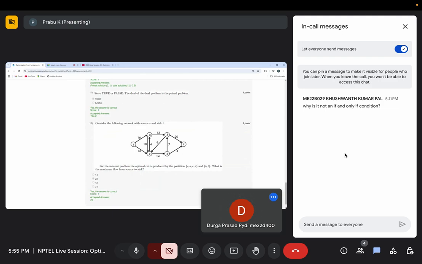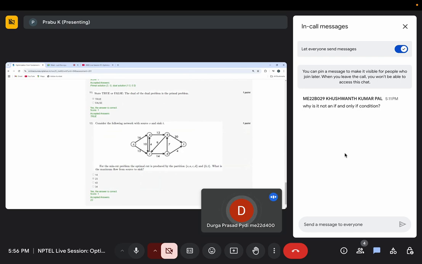So you have S, A, B, C, D, and target T, with capacities 16, 13, 10, and 4, then 12, 9, 14, 7, 20, and 4.